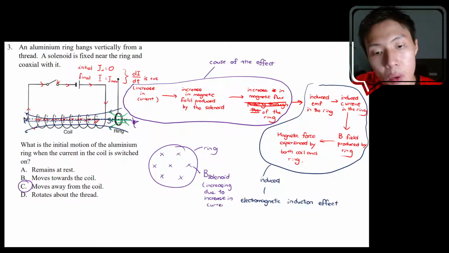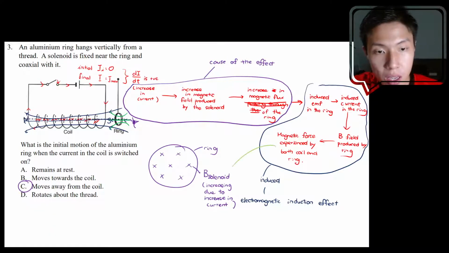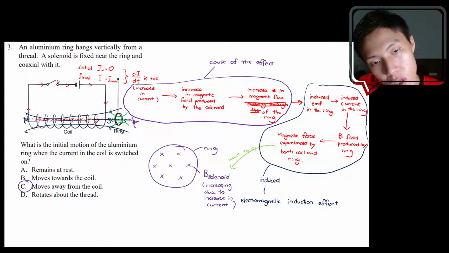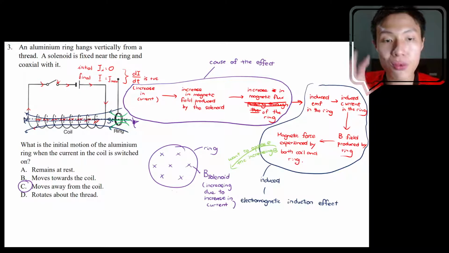And right now, our magnetic force will want to oppose this. Magnetic force wants to oppose the increasing B. Okay, if you want to oppose the increasing B, that means you want to reduce the B, right?